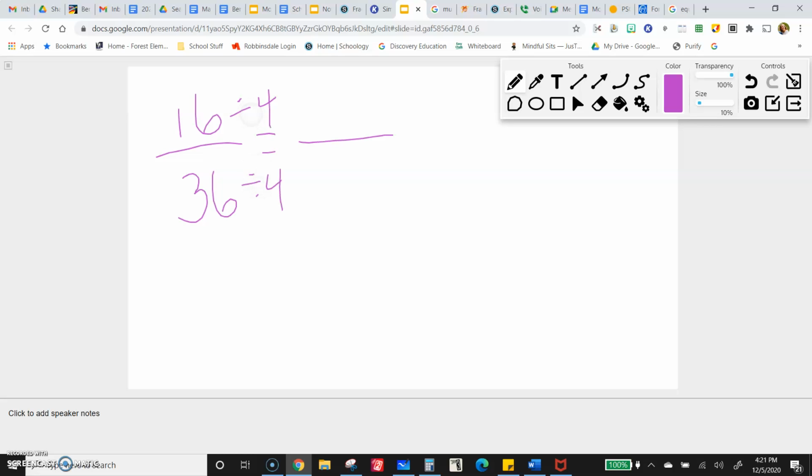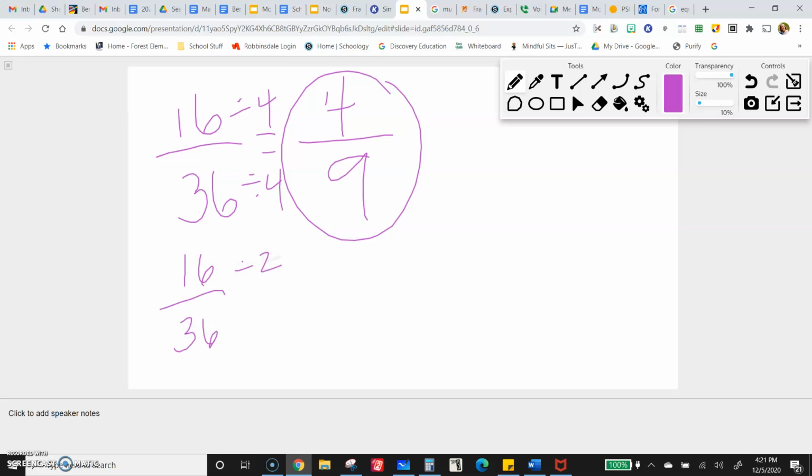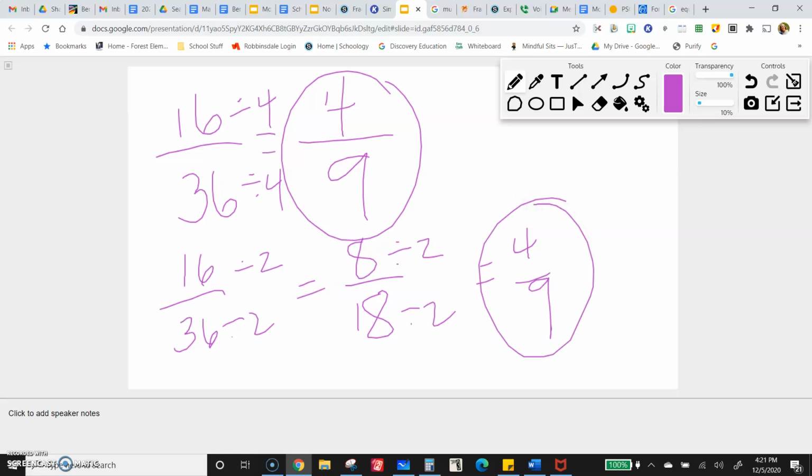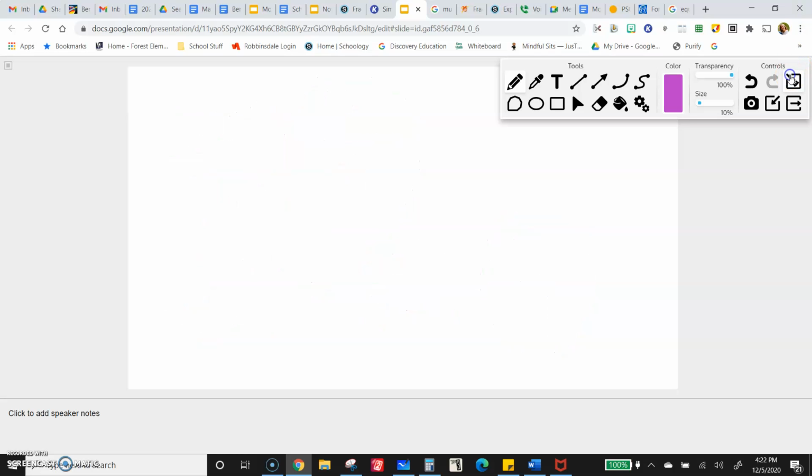If I look, 16 divided by 4 is 4. 36 divided by 4 is 9. So this one is actually also equal to 4/9, just like 8/18 was. Which is a good point. If I had done this divided by 2, maybe that's what I tried, I would have gotten 8/18. That's an equivalent fraction, but I have to divide it by 2 again to give me 4/9 simplified. So sometimes I have to do a couple of steps to get the simplified fraction.